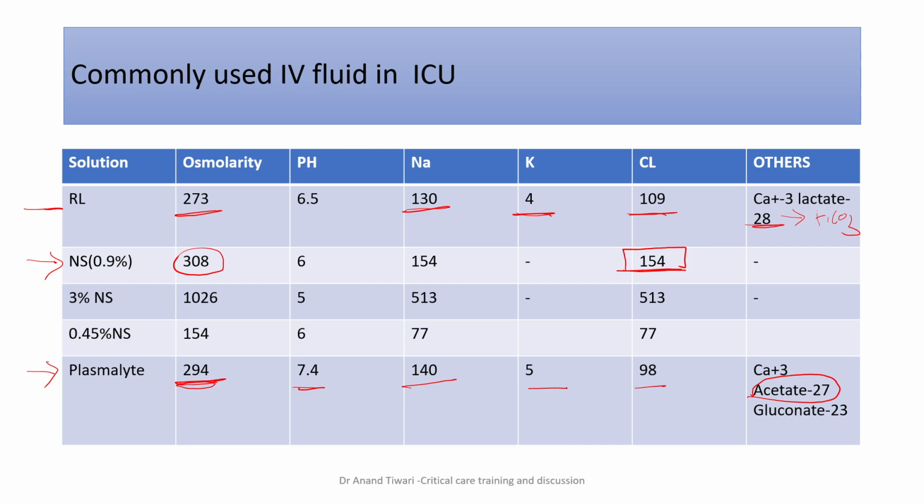That has to be kept in mind when we are overtreating or giving too much normal saline. We can land up with chloride toxicity. This can cause renal injury, as well as an increase in chloride leading to what is known as hyperchloremic metabolic acidosis, which we discussed in the ABG section, one of the causes of normal gap acidosis.